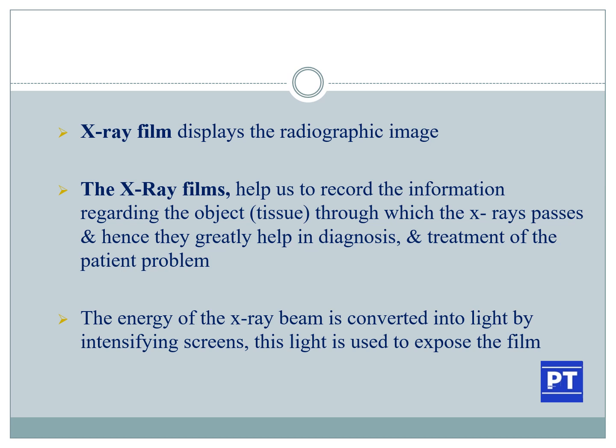All those things we will be discussing in the next topic. So the energy of the X-ray beam is converted into light by the intensifying screen, and this light exposes the film to record an image, and the image recorded on a radiographic film will be a permanent image.